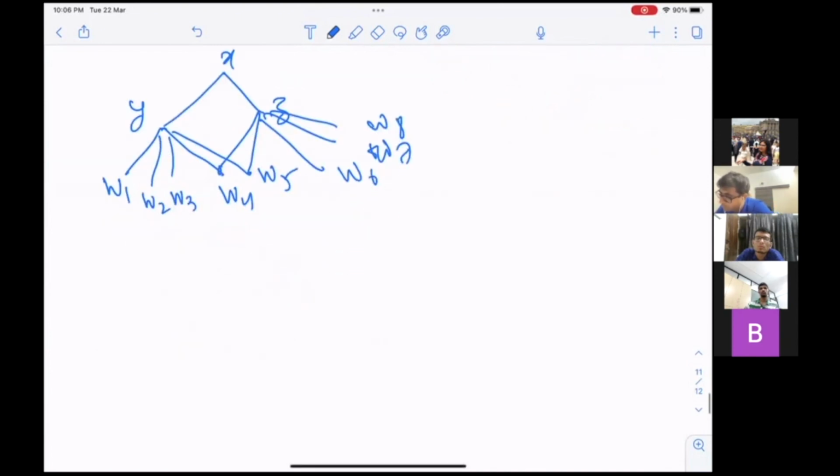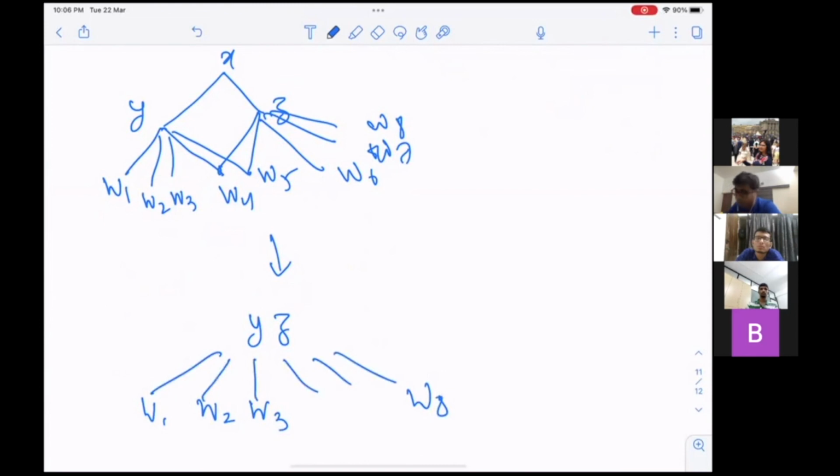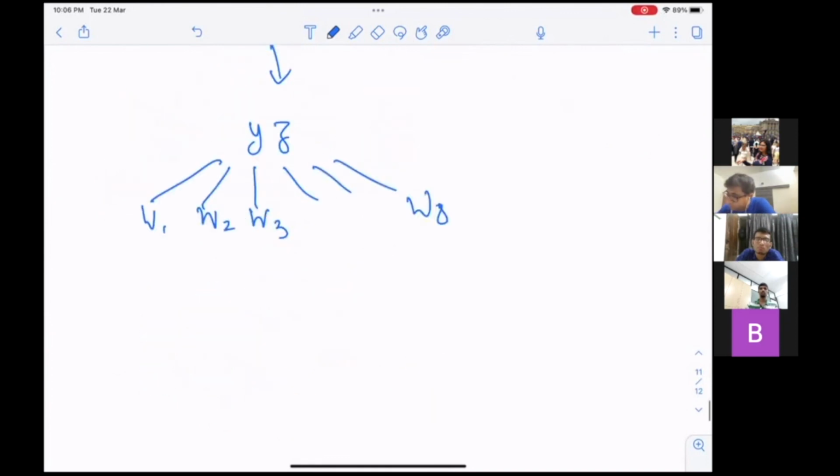Now you first delete X, and then you make YZ. YZ is adjacent to W1, W2, W3, W8. That's it. This is what my transformation is. Suppose this is how I get G prime. So what is my rule?